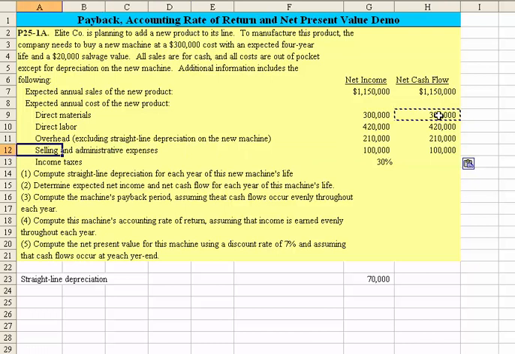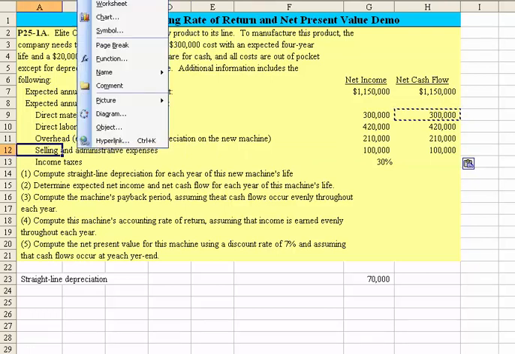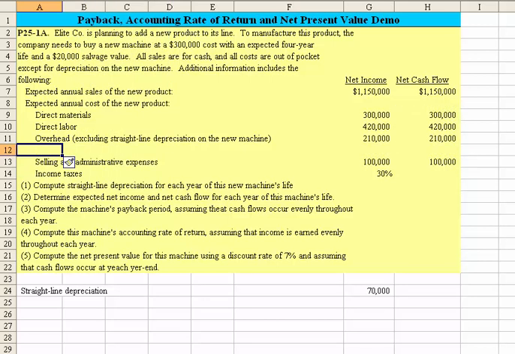Okay, now we've computed depreciation below, so we need to add that in. So why don't we insert a row here and type in the word depreciation. Say from below, right? And we'll add in that 70,000. Okay.